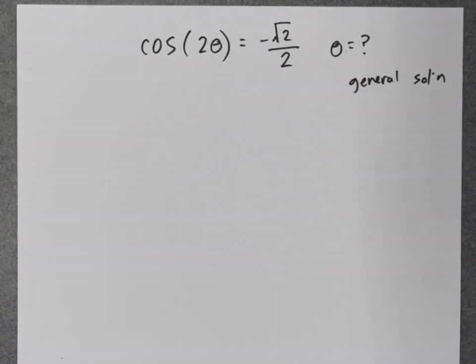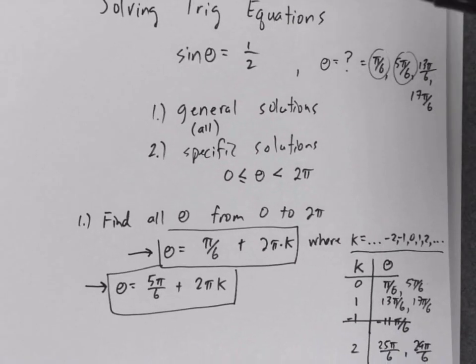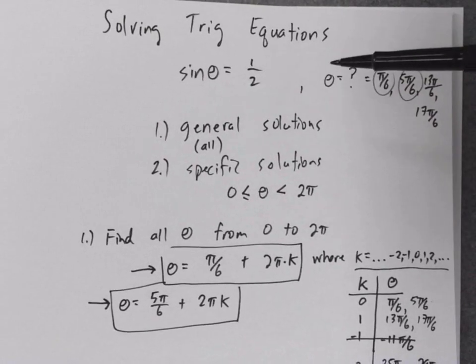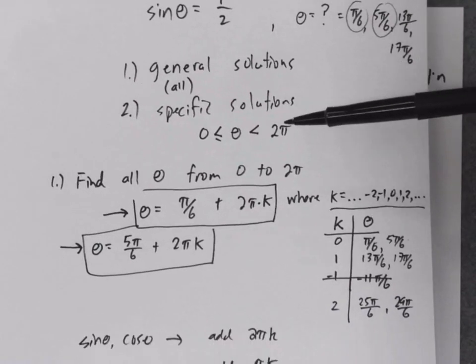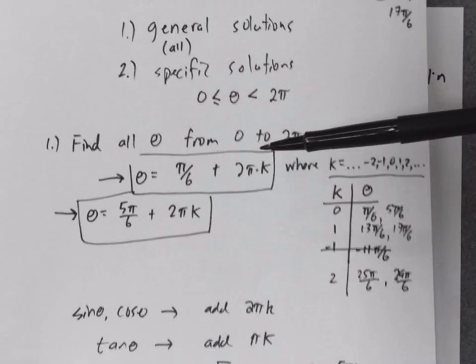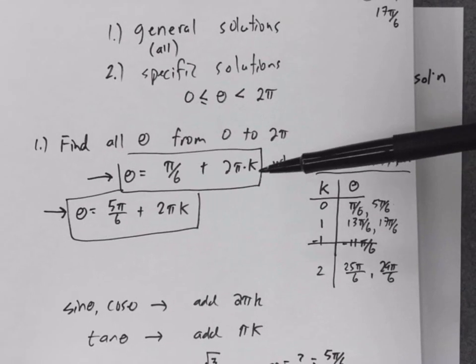I still have my notes here from some of the other videos. When we first started solving trig equations, we talked about finding the general solution, right? And the general solution for, in this case, the sine was where you have to add 2 pi k.